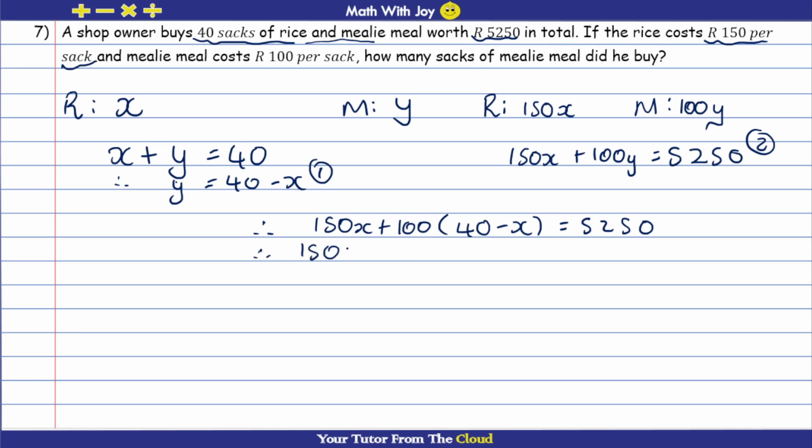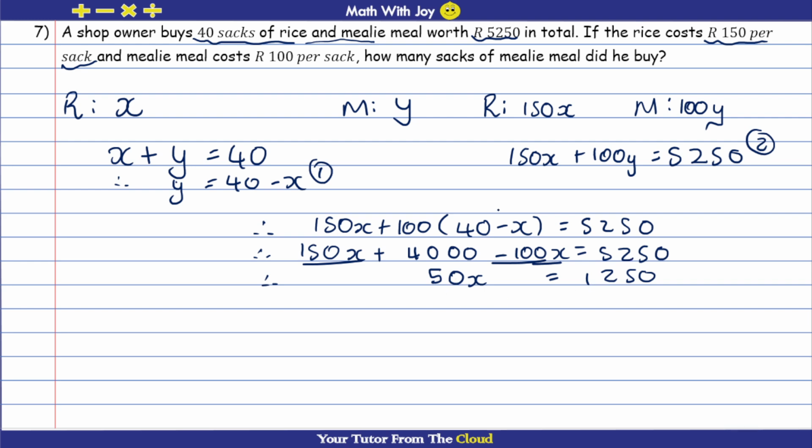So we have 150X plus 4000 minus 100X equals 5250. Then let's subtract the X's. They're going to give us 50X equals 1250, right? So 4000 minus that will give us that.